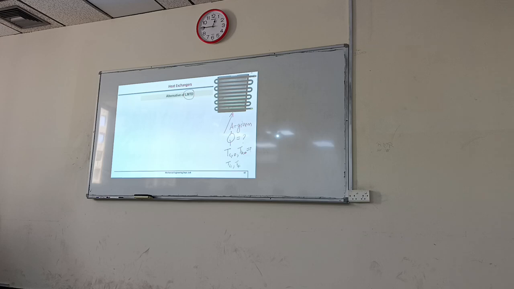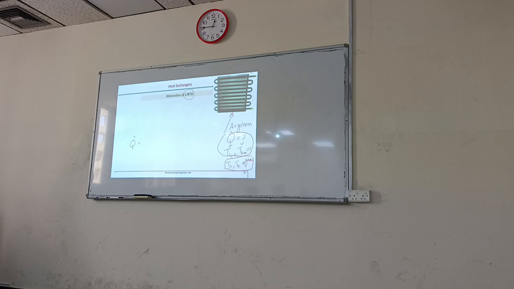TCI and THI we normally know; they are given. These are actually the exit temperatures, so these are unknown. Area is normally given. We can use this same LMTD method, but there we have to do some more iterations.